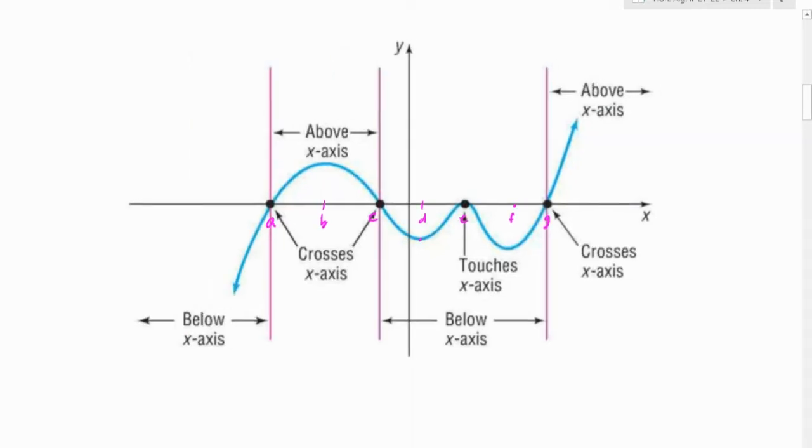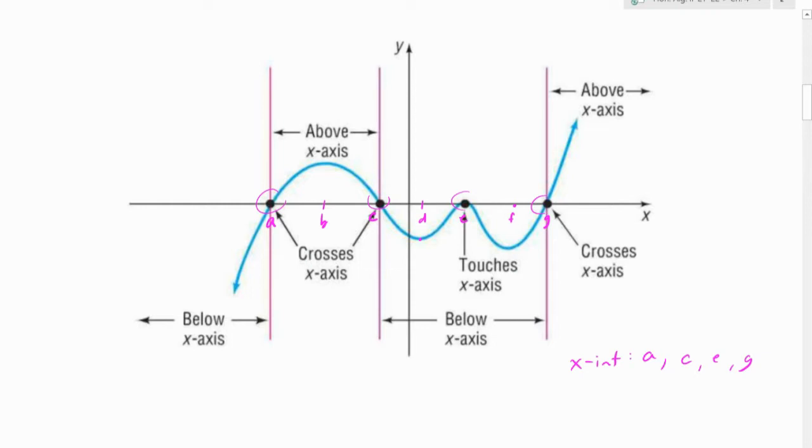So we've been talking about x-intercepts. It would cross or touch the x-axis at A, C, E, and G. Okay, it crosses at those. It touches at this one.